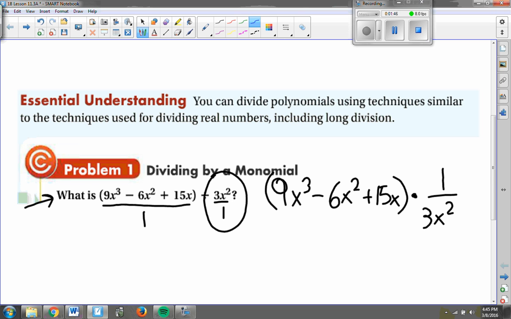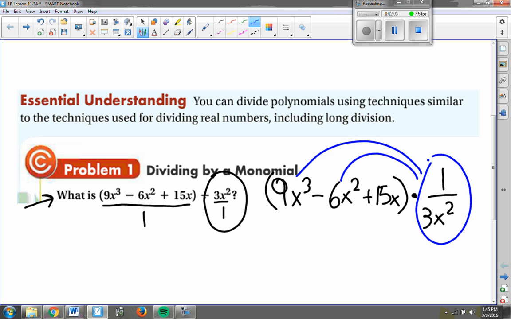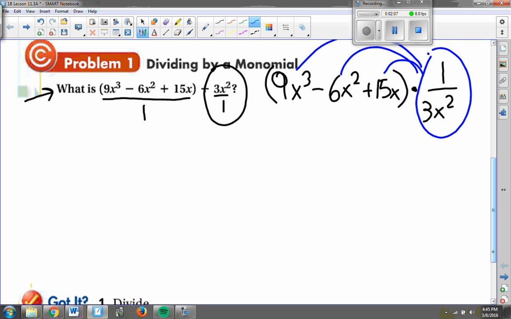And your book, in this case, instead of putting the 3x squared on the bottom, you can certainly do that and then factor out what you can. But they want an answer that is a polynomial. So they want us to distribute all of this stuff to each of these three pieces in the polynomial. Okay? So they want us to multiply 9x to the third, basically divide that by 3x squared, right?